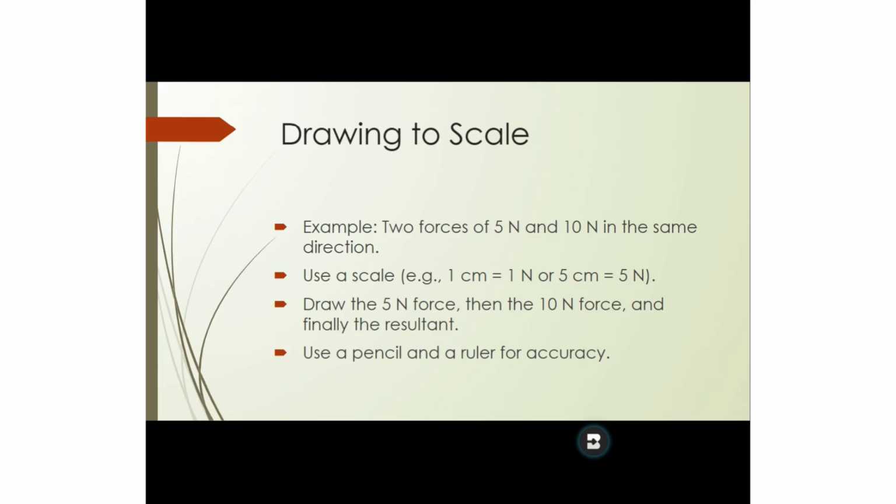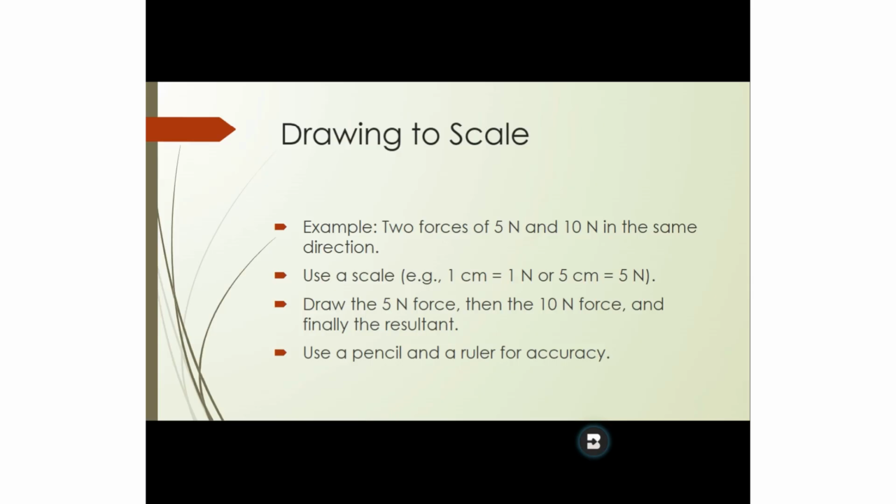I want you to write "Drawing vectors by scale," and underneath it, you're going to demonstrate how you would draw, using a ruler, two vectors, 5 newtons and 10 newtons, going in the same direction. And you're also going to draw the resultant of those two vectors.